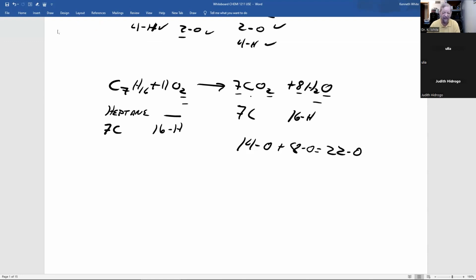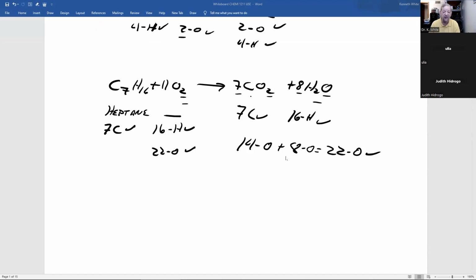And therefore 11 times 2 is 22 oxygen. So let's check, is it balanced? 7 carbon, 7 carbon. 16 hydrogen, 16 hydrogen, 22 oxygen. Yay, 22 oxygen. And it's balanced.